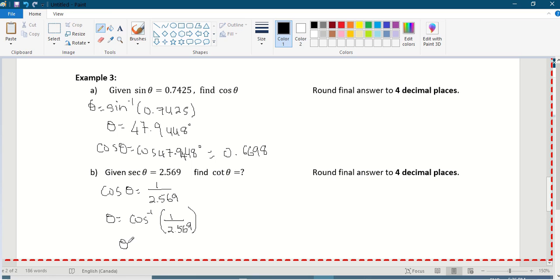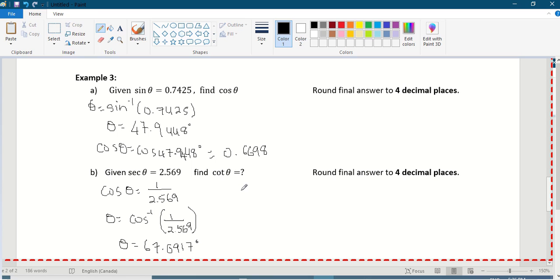We punch in the calculator cos inverse bracket 1 divided by 2.569. We get 67.0917 degrees. That's what theta is.